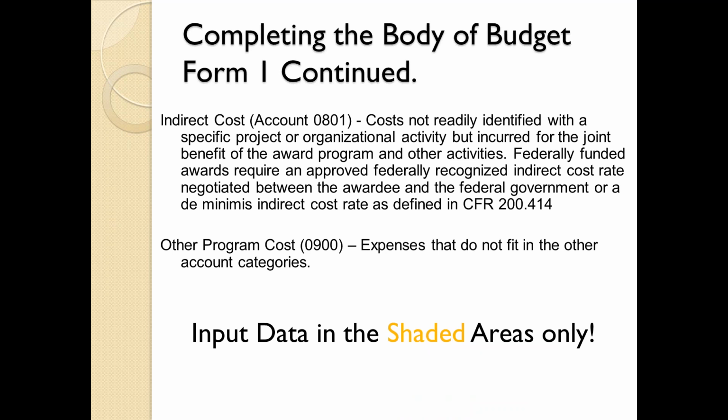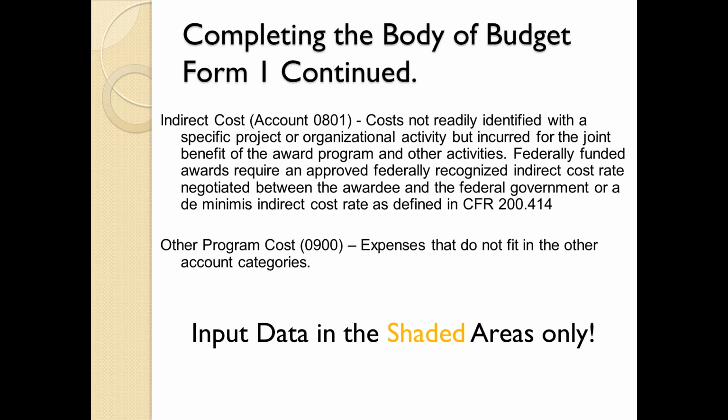And then we've got indirect costs. So you want to show the budget for that cost, an indirect that is not directly identifiable. And you want to make sure that you have an approved indirect rate. If you have an approved indirect rate, then you'll be budgeting whatever that rate is.